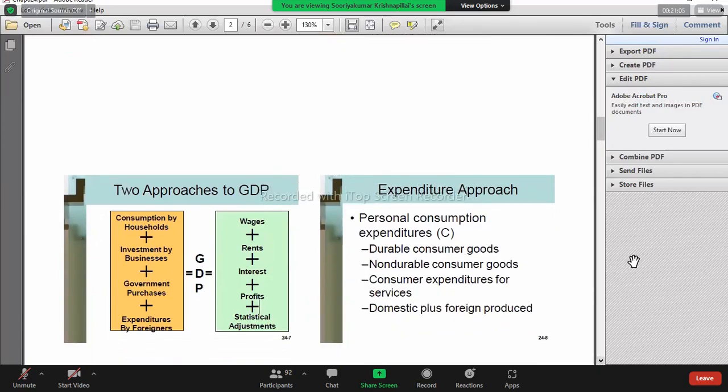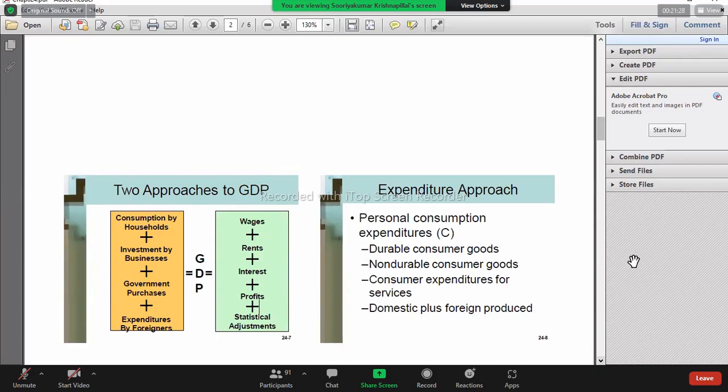So there are two approaches. Consumption by households plus investment by business. If the business sector purchases capital, tools and machinery, raw material, then we call that investment. Households spend on consumption, that is consumption expenditure.